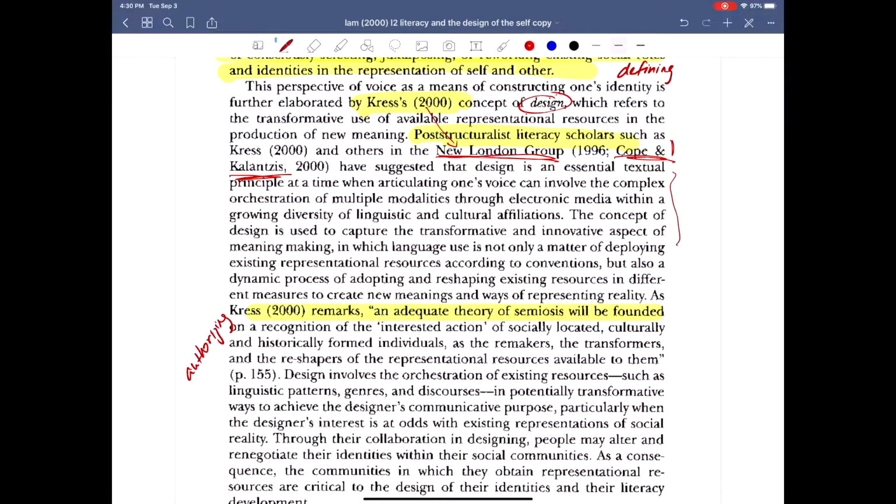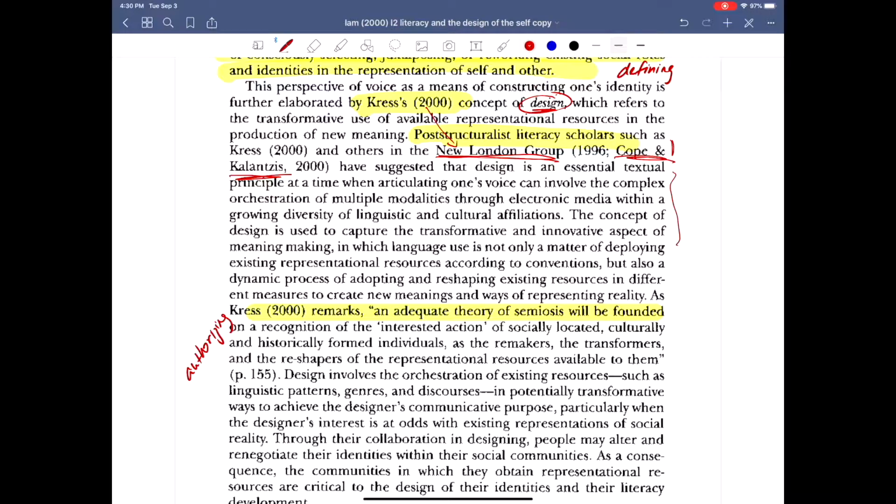Also, at this point, I should mention that when you read, you should pay attention to what writers mean when they use certain words. Words like design, words like self, are words that we hear and use every day. But when you do research, you mean them in a specific way, and you shouldn't get them mixed up. If they're terms that are related, then you should talk about how they're related.